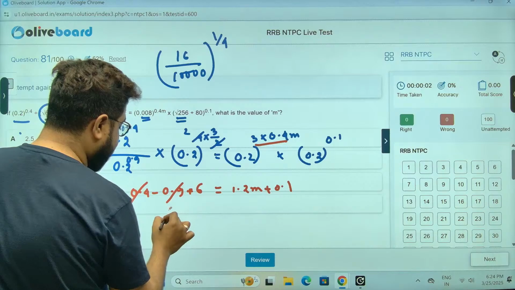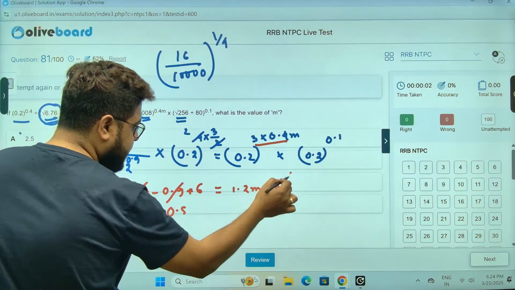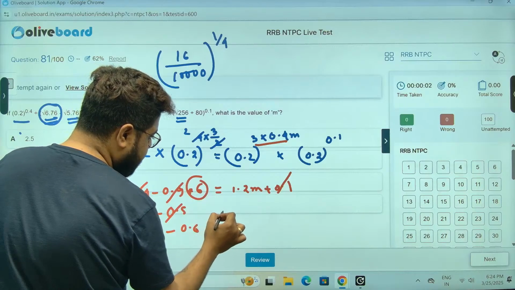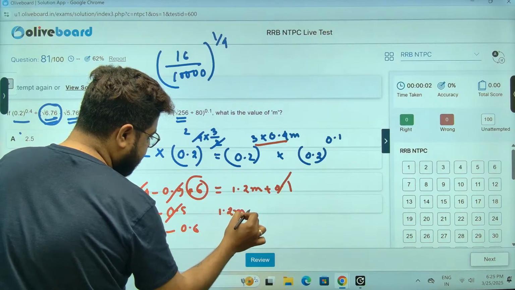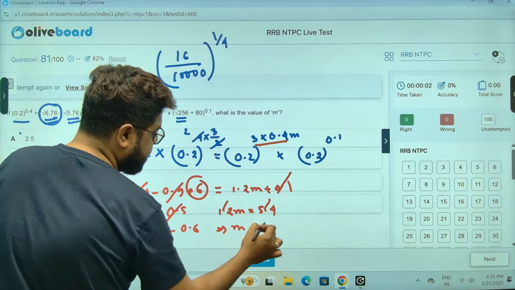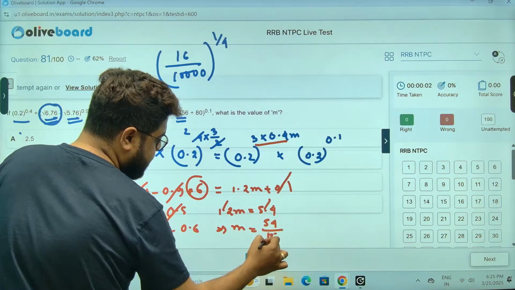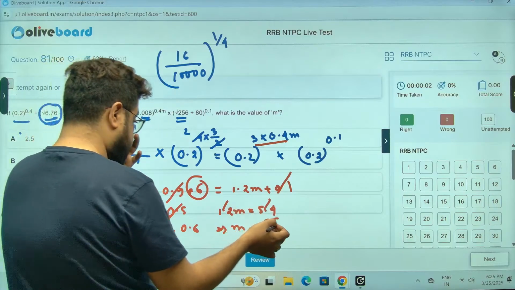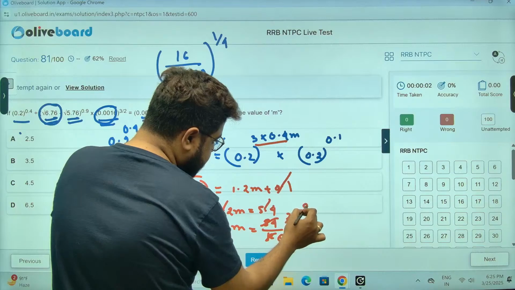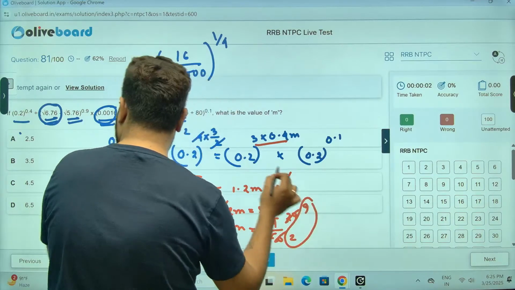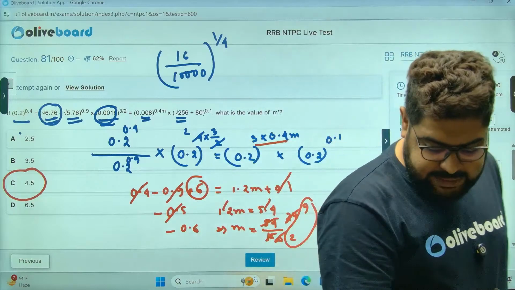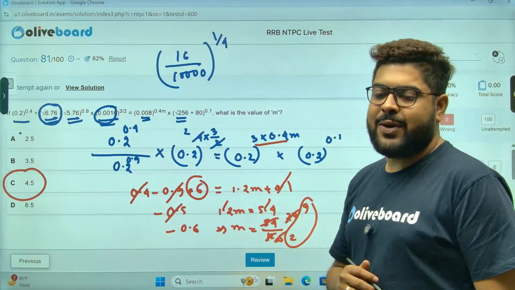So 0.5, this one minus, and this one is minus 0.6. 1.2 m is coming out as 5.4. Acha, m is in this. 6, and this is how much, sir? 54, not 27. 3 9s are this, 3 2s are this. 9 by 2 means 4.5. Option C, sir, is most definitely your answer.